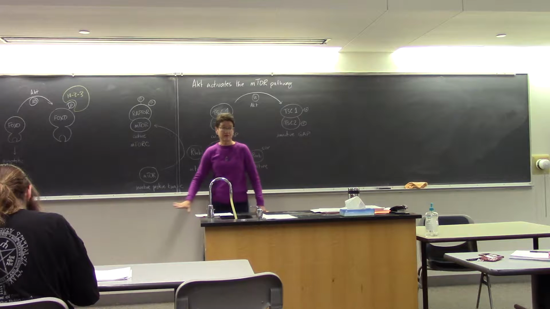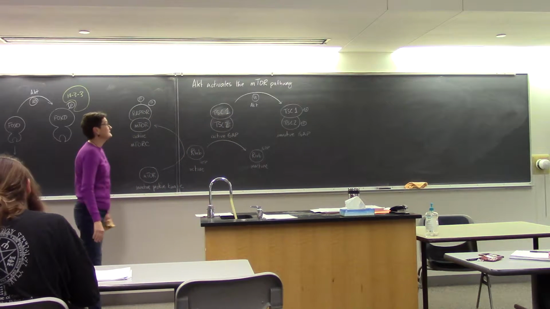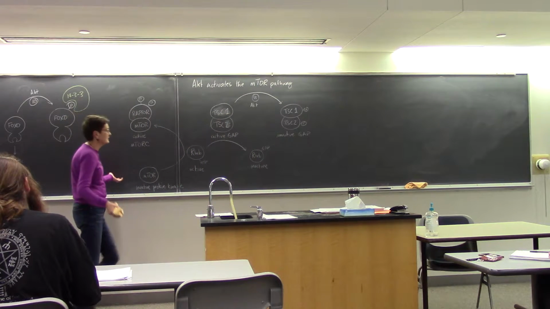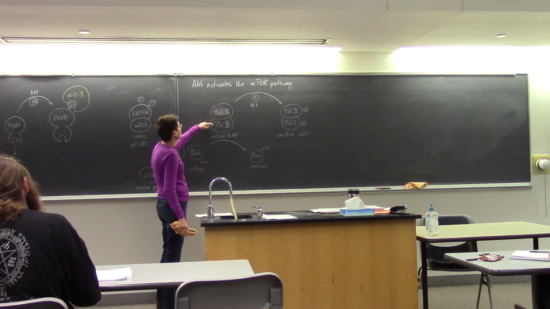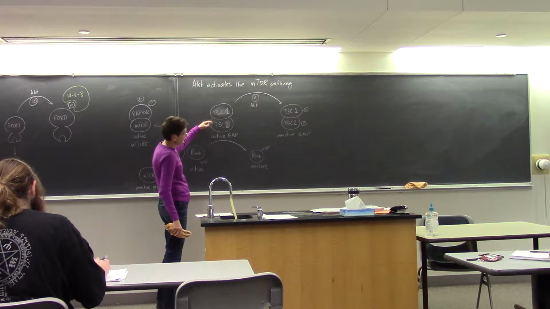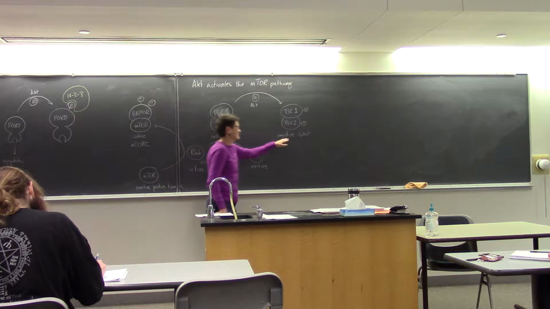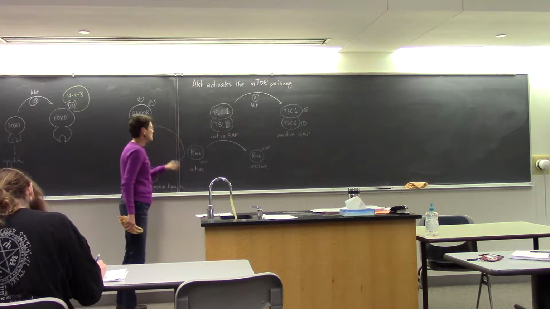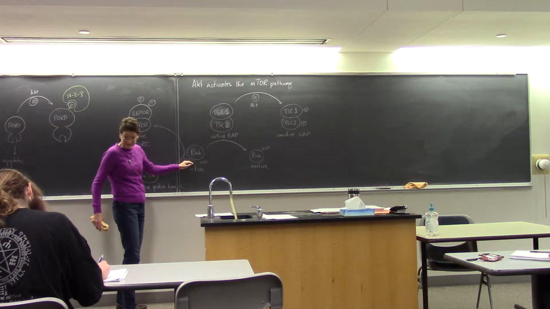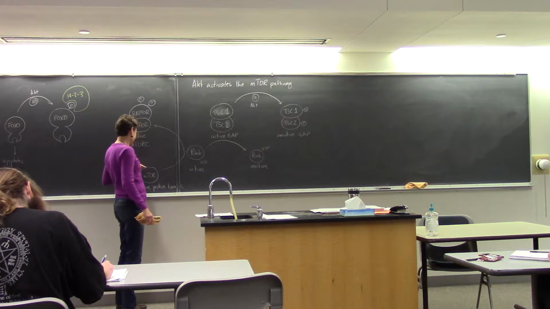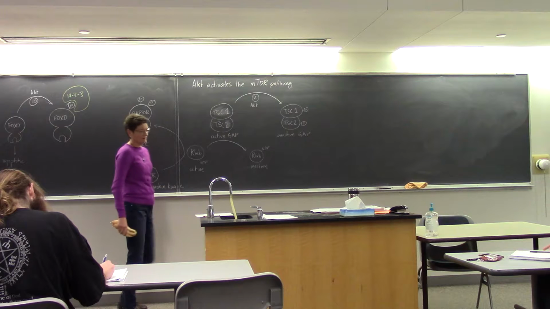Does that make sense so far? It's like you're inhibiting the inhibitor. So AKT inhibits the inhibitor. AKT knocks out GAP activity, Rheb has to remain active, and that leads to the activation of mTOR.